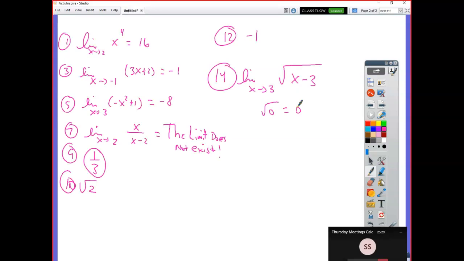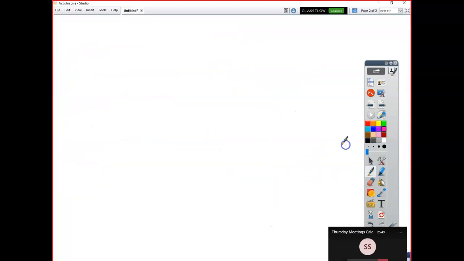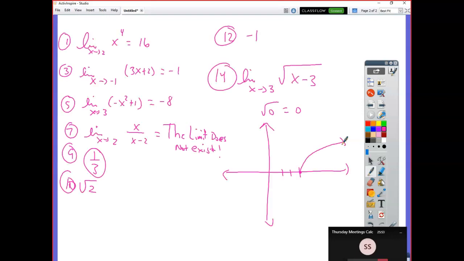Okay, let's sketch a graph of this function we very casually wrote 0 down for. That's a square root. Minus 3 means I shifted 3 to the right. 1, 2, 3. It would look like this. Agreed? So as I approach 3 from the right, I am indeed approaching what number? 0.